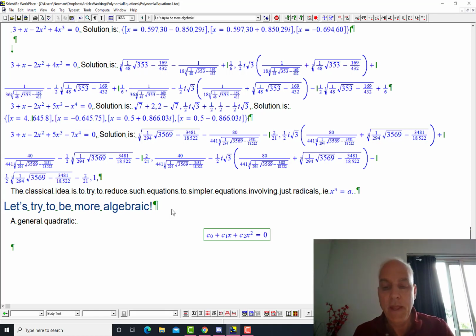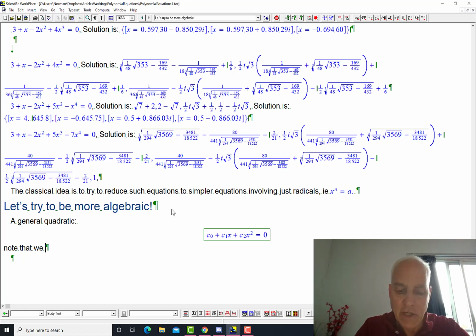Okay, there's our generic quadratic equation where we're not specifying particular values of c0, c1, and c2. Now, note that we really ought to assume, first of all, that c0 does not equal 0, because if c0 equals 0, then you can factor out an x, and then it becomes a linear equation.